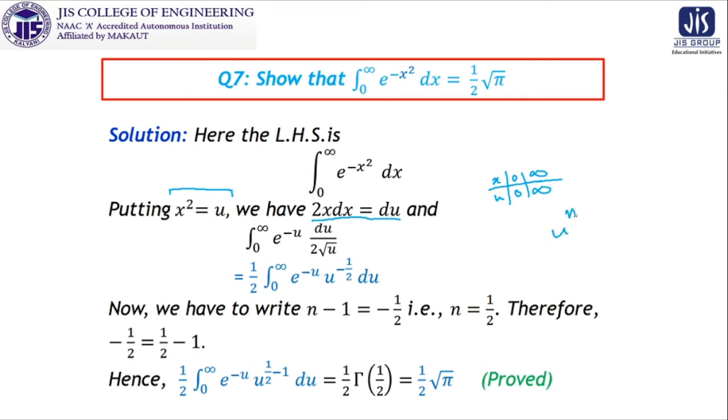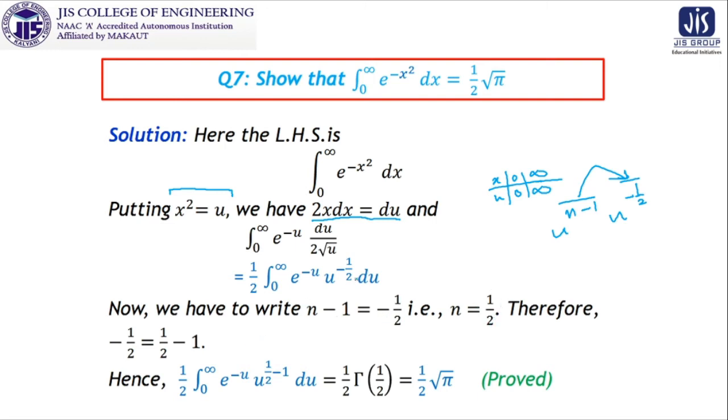So how to represent? Obviously this one will be kept the same, with this minus half, and n minus 1 equal to minus half gives the information n is equal to half.